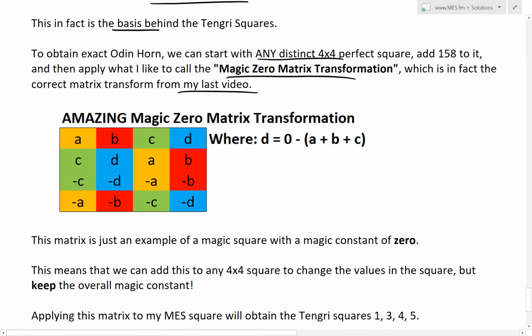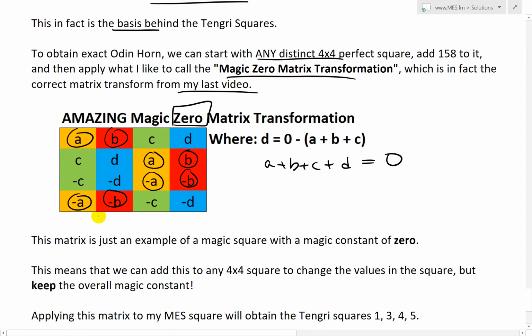So here it is: A, then negative A across, then A, negative A, like that, where then you have A, B, C, D. D is equal to 0 minus the sum of A plus B plus C, because every row needs to add up to 0. So A plus B plus C plus D must equal 0, so we get a zero sum like that. Across everywhere needs to be 0. And this is B's, and so on.